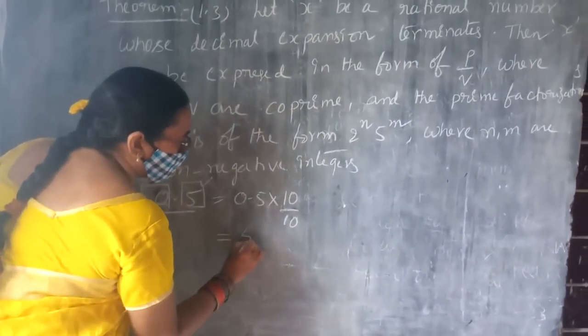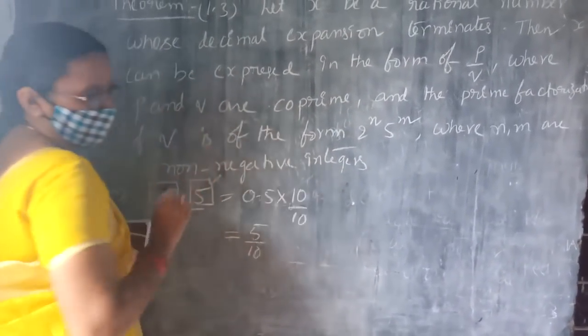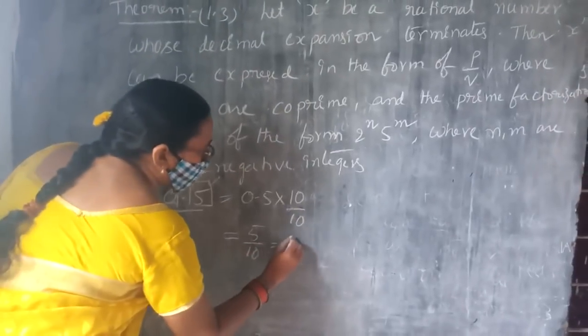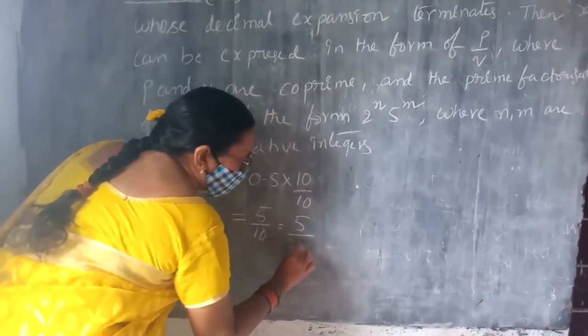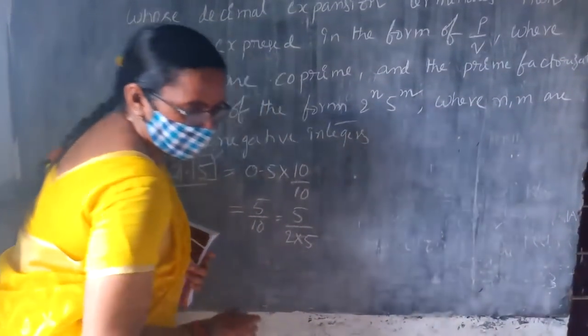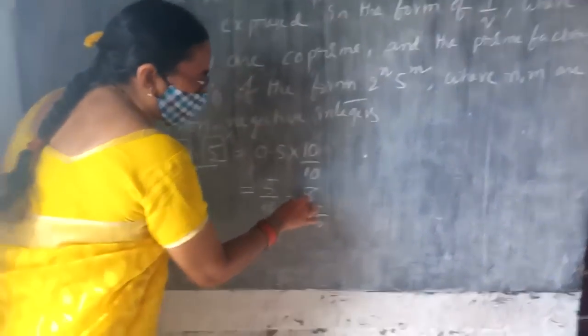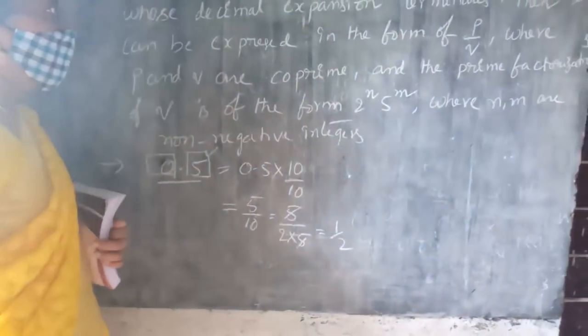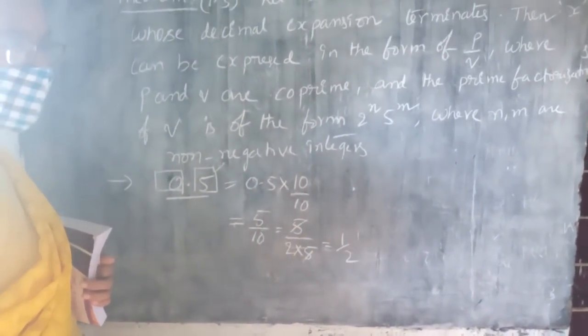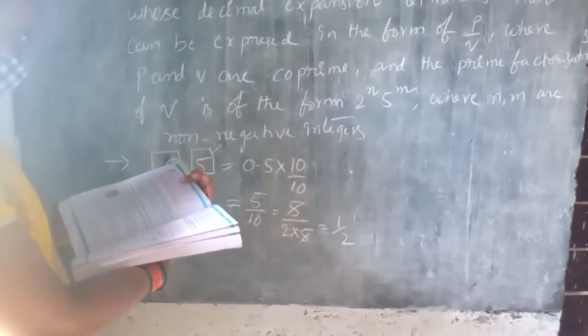What happens? 5 by 10. Now I can write this 10 as 2 into 5. Now cancel the 5. 1 by 2. Are you understood?